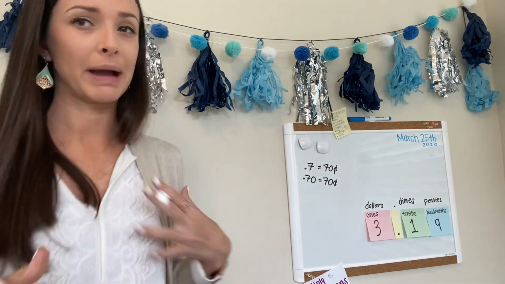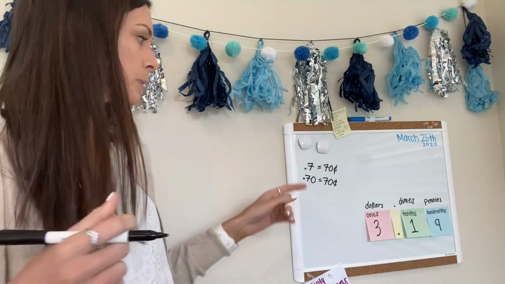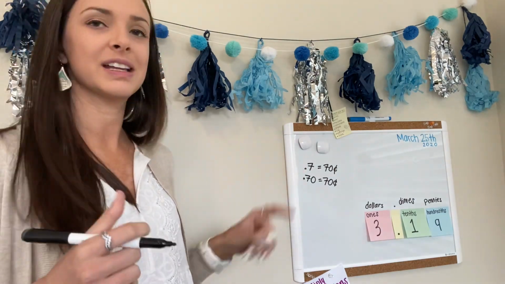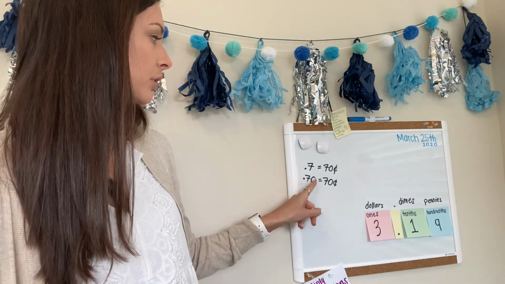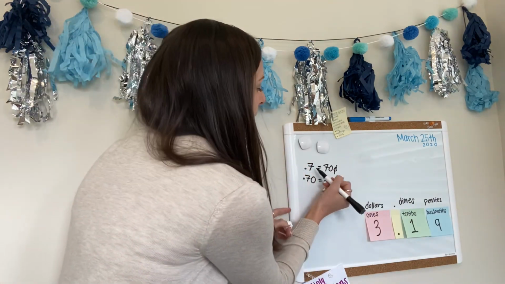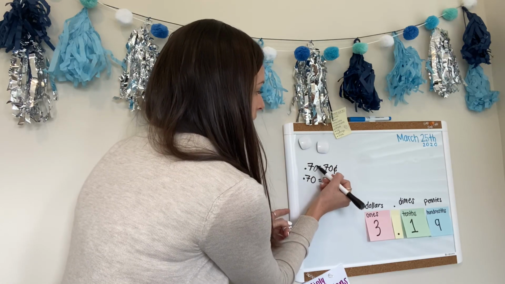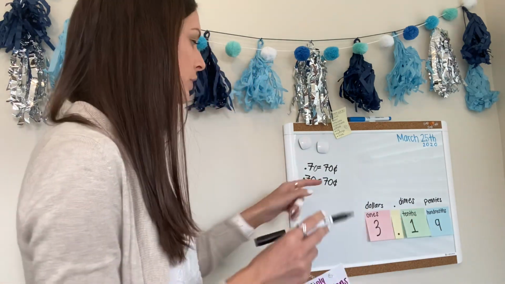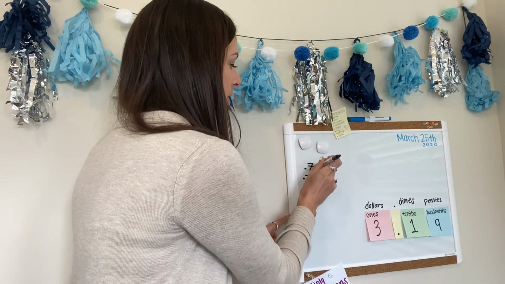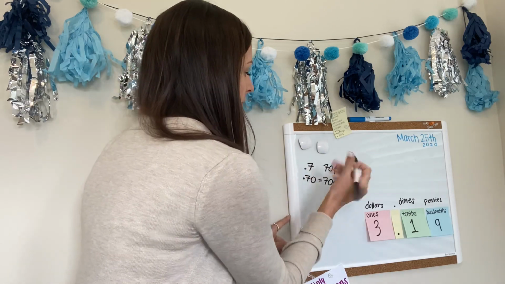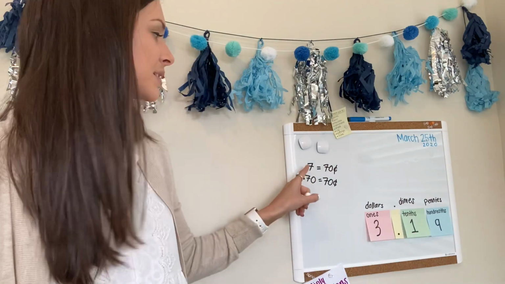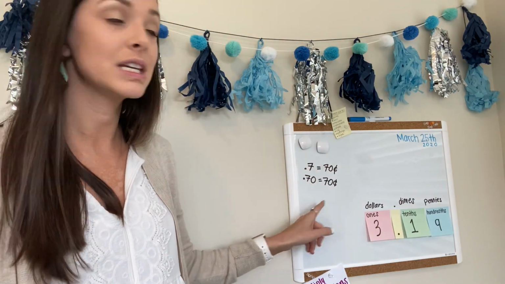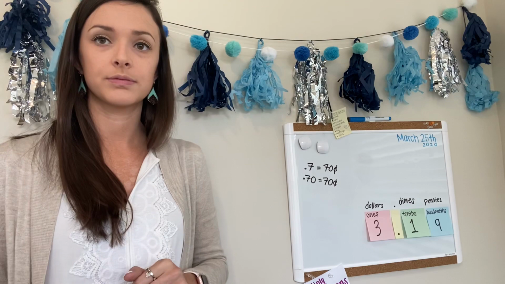This is where it might get a little tricky for some of you, because you're like, wait, what? That says 7, that says 70. It doesn't, because this has an imaginary 0 in the hundredths place. 7/10 is the exact same thing as 70 hundredths.